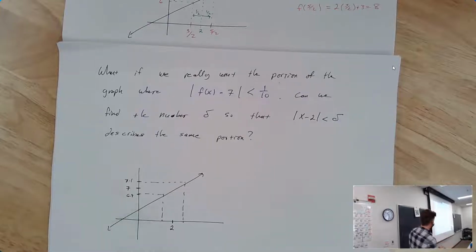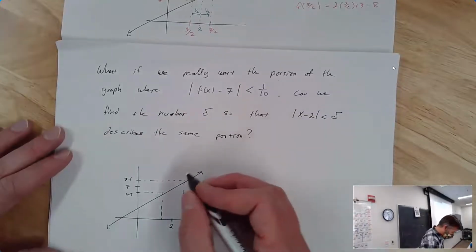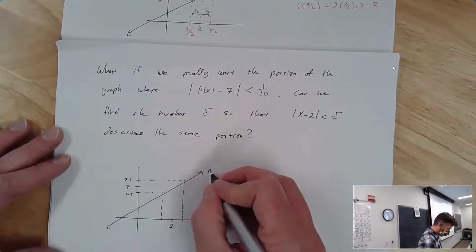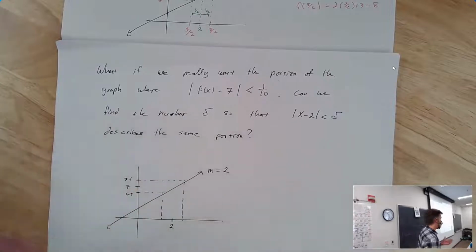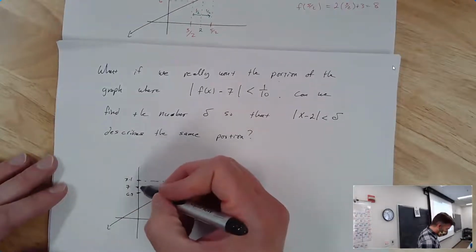In fact, I was doing this in class during offsite earlier, and I came up with something kind of neat, I think anyway. I know that my slope of this line is 2. So for every 1 change in x, my y is going to change by twice that. Or for whatever change in y I need, my x is going to change by half that. So if I want to go from 7 to 7.1, I'm going up 0.1.